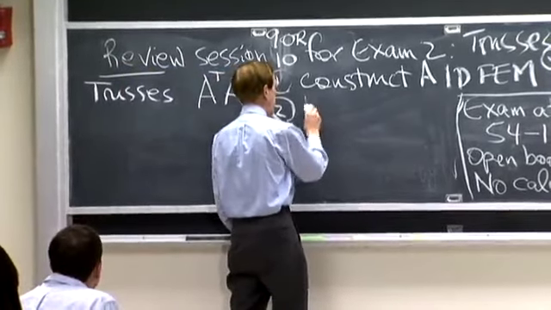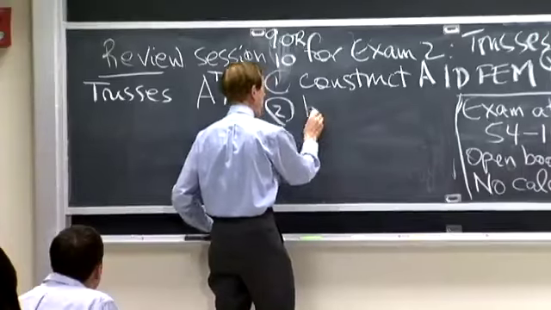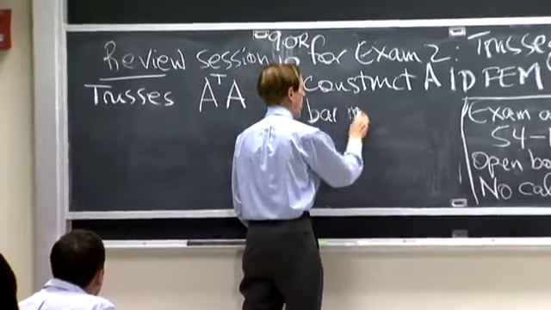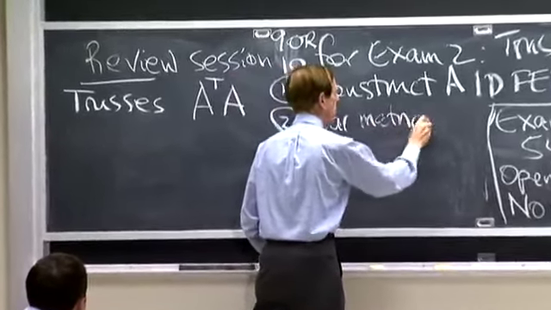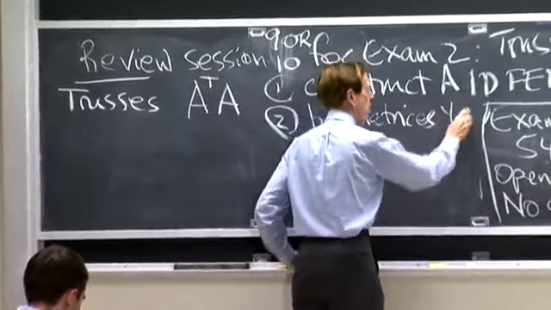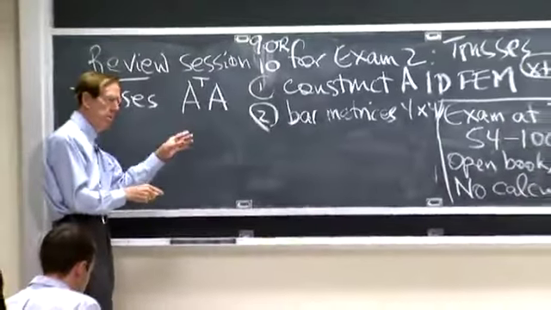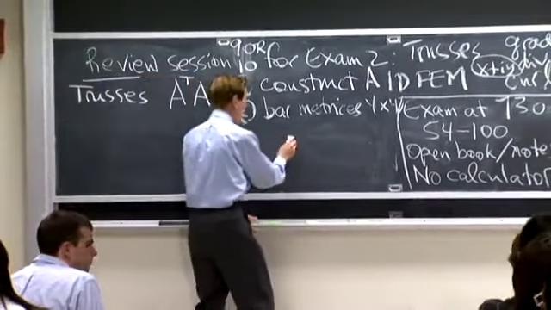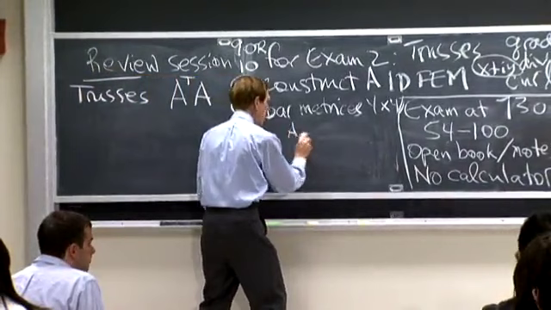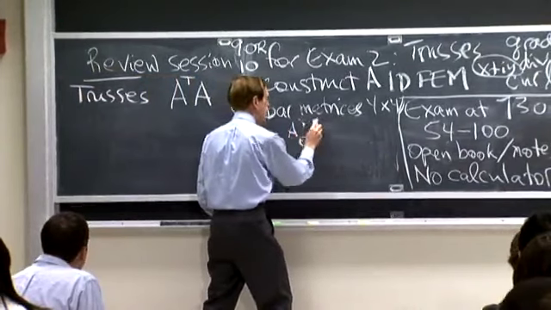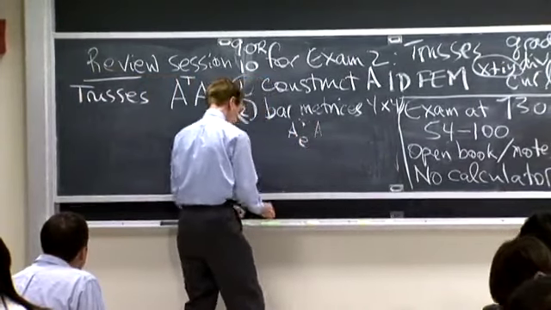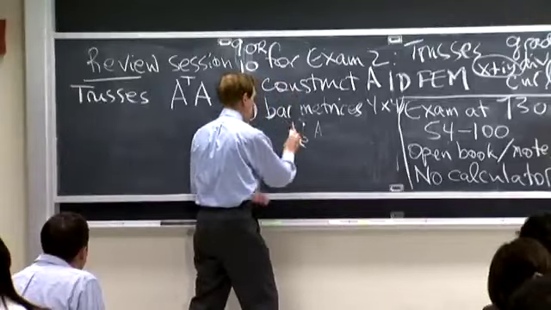So those 4x4 bar matrices are already in the A transpose A form. They're A element transpose A element.